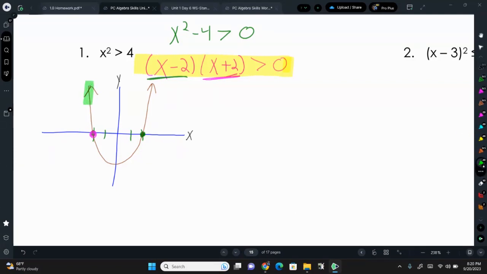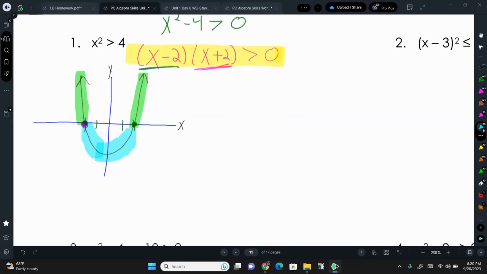So this part of the graph is above the x-axis, so that would be when this function is greater than 0. Anything below would be less than 0, and equal to 0 would be right on the x-axis.